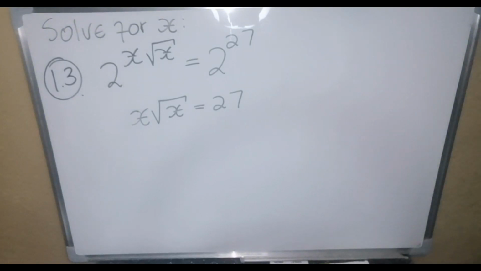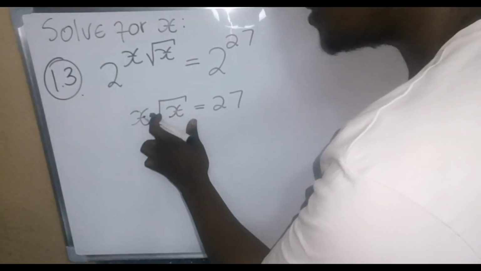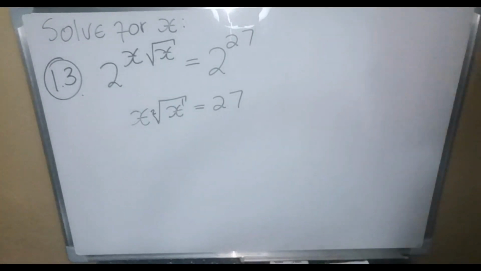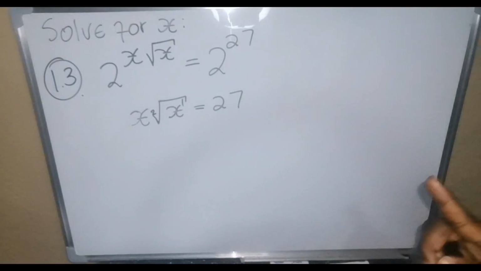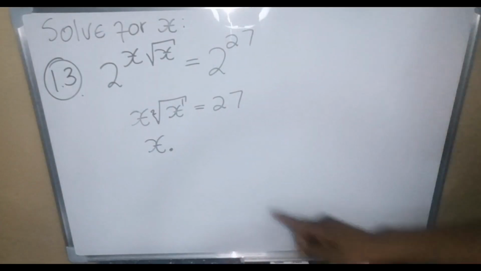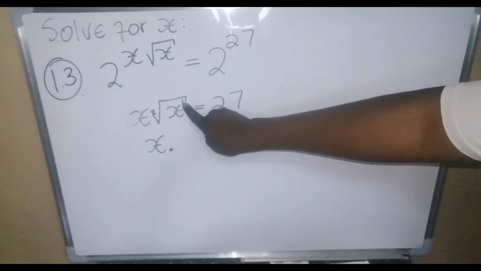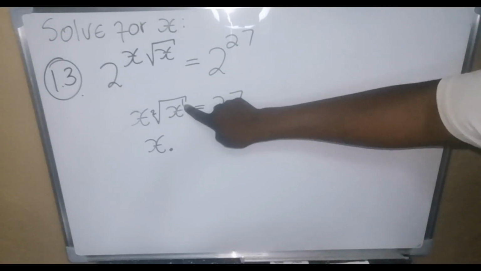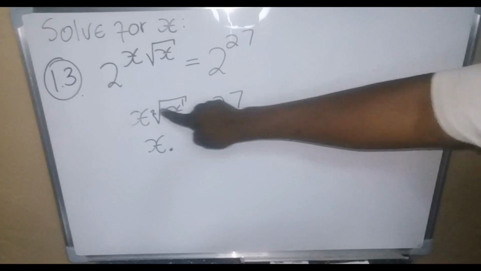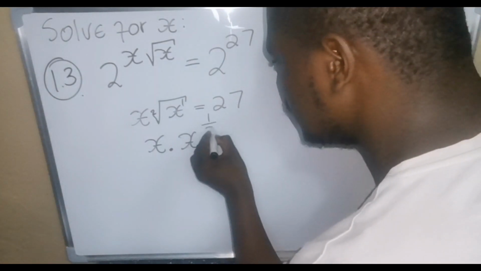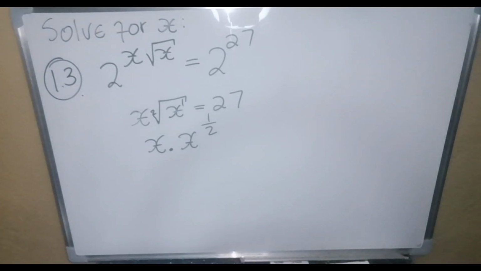But the shortest way is by saying we've got a square root. For me to remove the square root, I'm going to write it like this: x multiplied by x, and this 2 will form part of the exponent, which is going to be 1 over 2. So this 2 is our denominator. That's how you remove the square root sign.